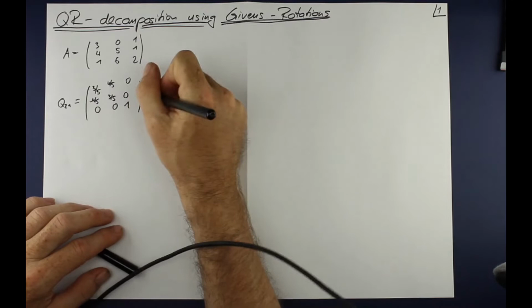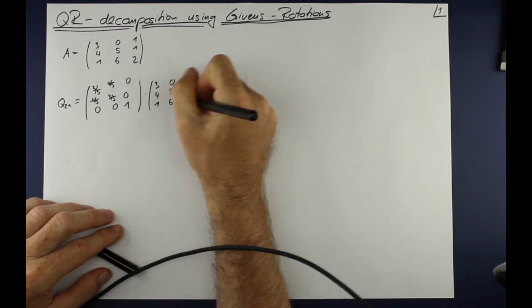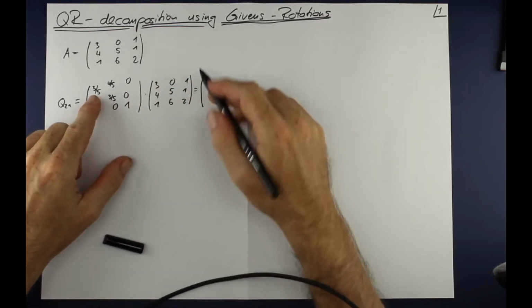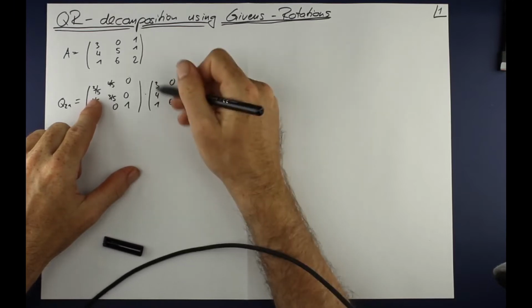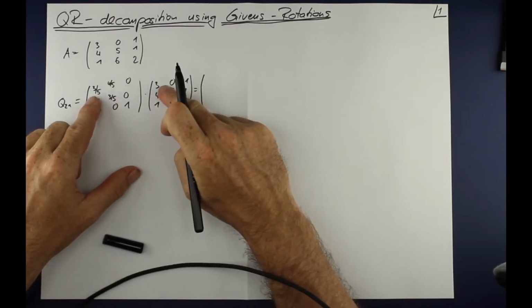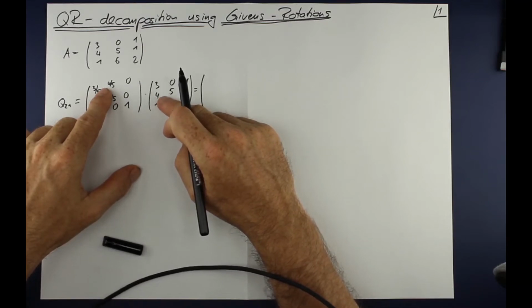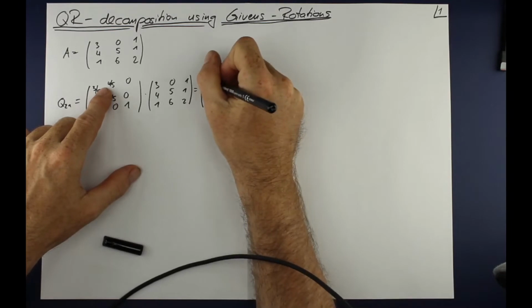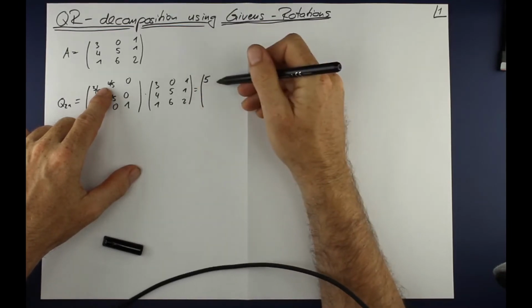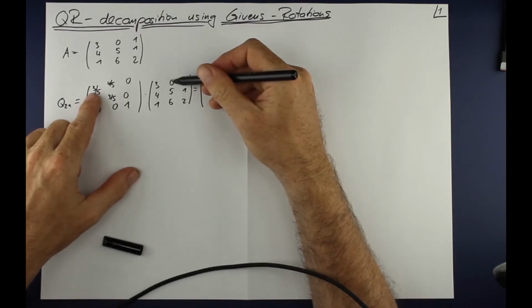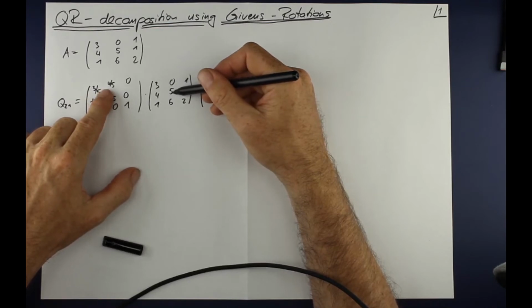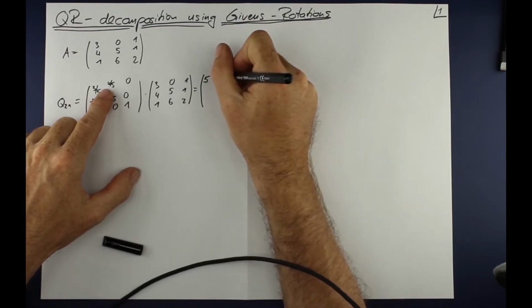And now let's multiply with A, and what do we get? Here this entry is that times that, so 9 divided by 5 plus 16 divided by 5, it's 25 divided by 5, which is 5. This entry is 0 plus 5 times 4 divided by 5, which is 4.